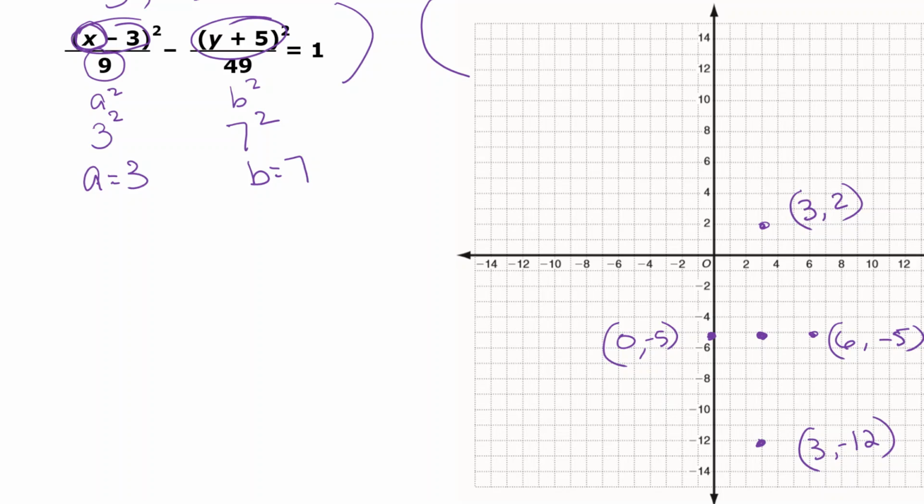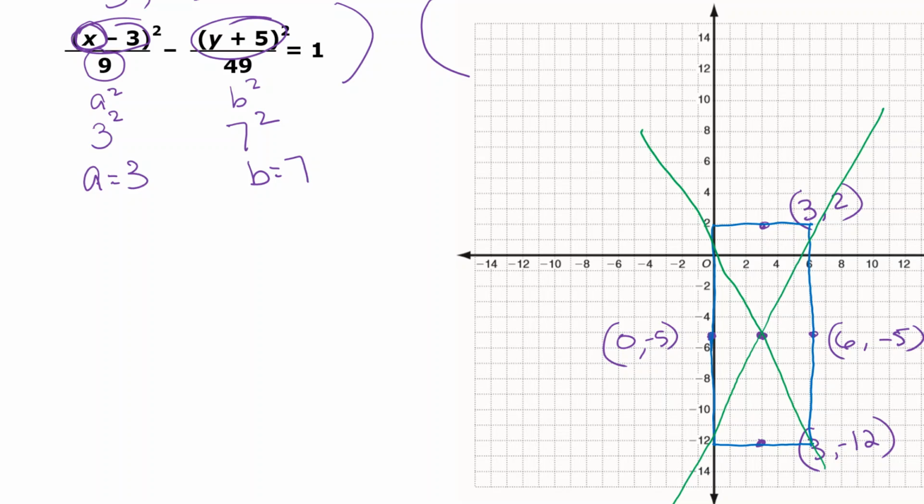Now that I have my vertices, I'm going to go ahead and draw my box around them, and that is going to help me get my asymptotes drawn. And then once I have my asymptotes, I can actually draw my hyperbola in. I know this is lots of different colors. I'm going to go ahead and draw this in. Not quite accurate, but it's pretty close.